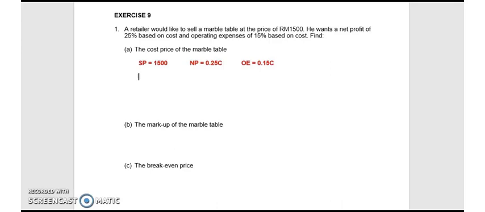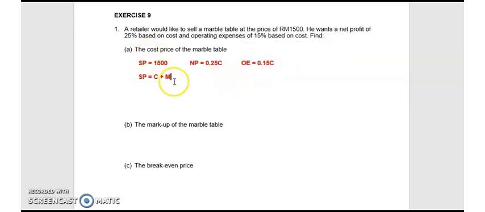Now I give you a hint. We want to find cost. The first formula that you learned in this topic is selling price equals cost plus markup. But in this formula we don't have operating expenses, and in this question we need to consider operating expenses.